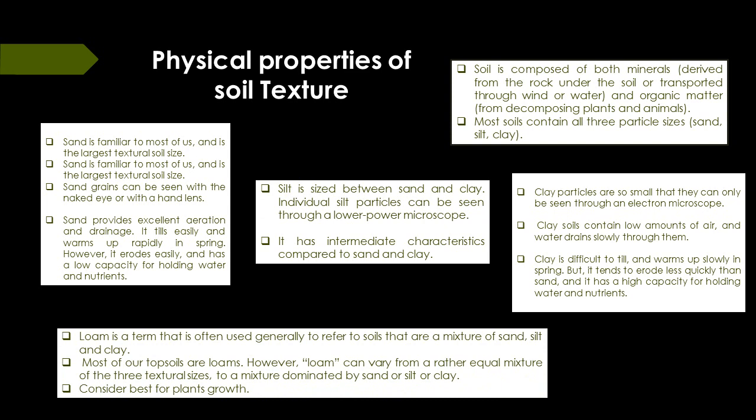Loam is a term often used generally to refer to soils that are a mixture of sand, silt, and clay. Most of our topsoils are loams. However, loams can vary from a rather equal mixture of the three textural sizes to a mixture dominated by sand or silt or clay.